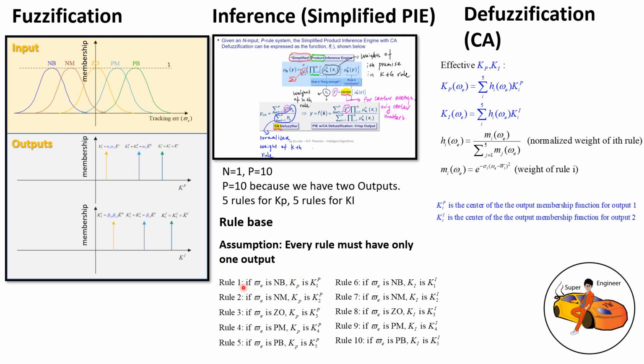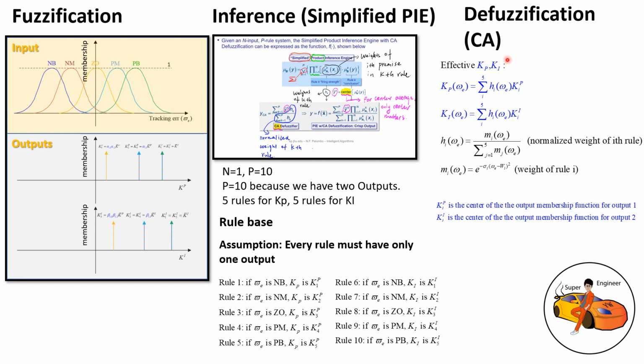Equivalently, I have to convert that 5 rule into 10 rules, such that if this omega e is NB, Kp is equal to K1, and rule 6 is saying if omega e is NB, Ki is Ki1. So you could say that if omega e is NB, Kp is K1p, and Ki is K1i. But in my implementation, I need to separate them.